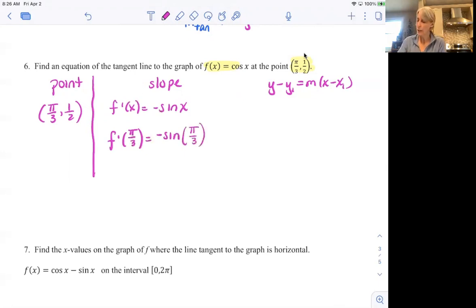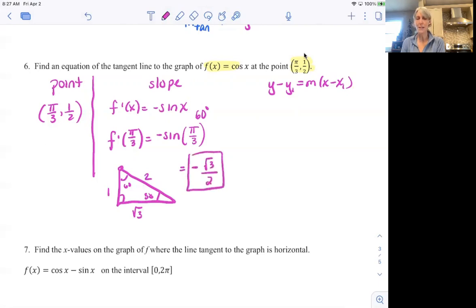What is pi over 3? Well, we have to remember now the sine of pi over 3 is going to be the sine of 60 degrees. So you want to memorize those triangles. So the sine of 60, opposite over hypotenuse, negative radical 3 over 2.